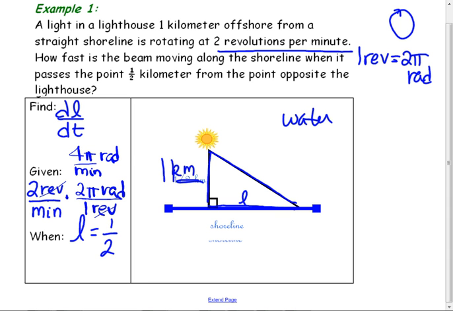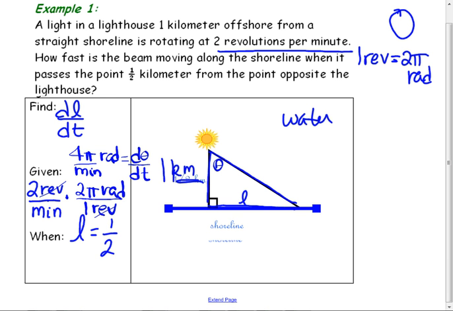What is that the change of? Radians. It's the change in what? You're rotating around. What's changing? The angle, right? So what do you call the angle? Theta. And this is d theta dt, in radians per minute.